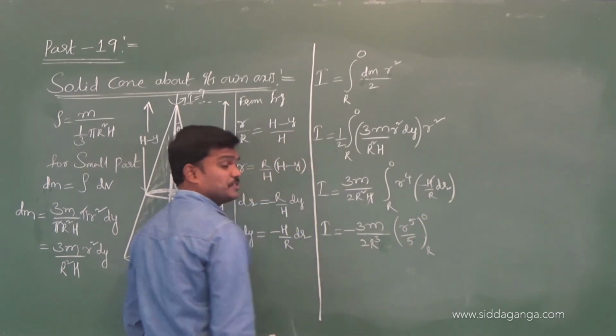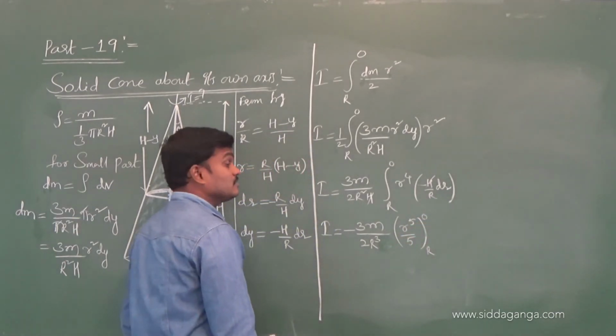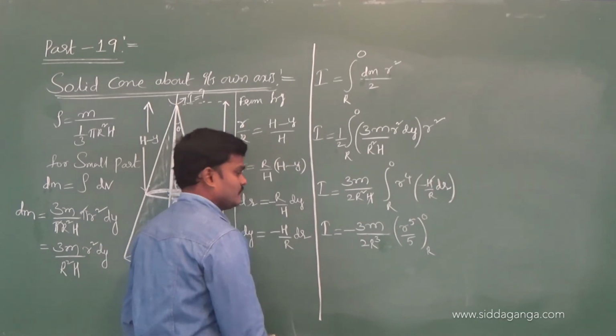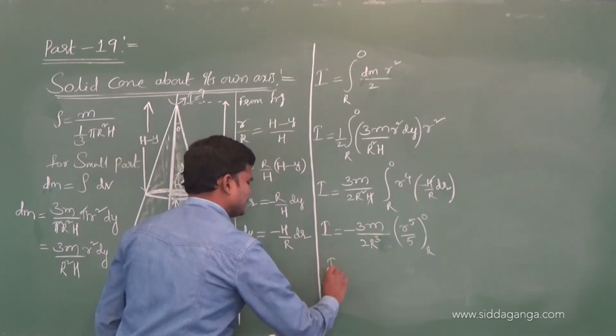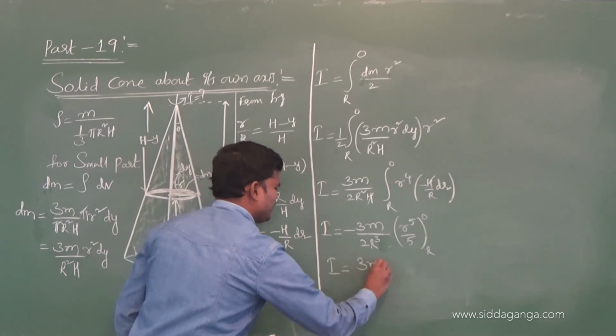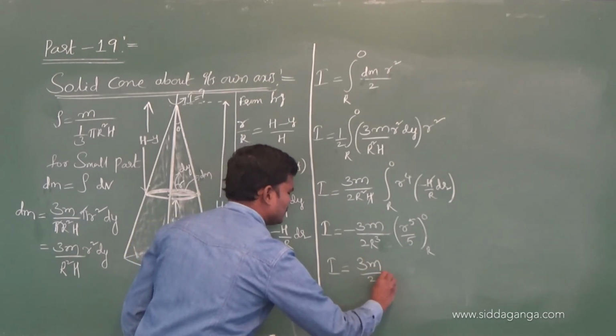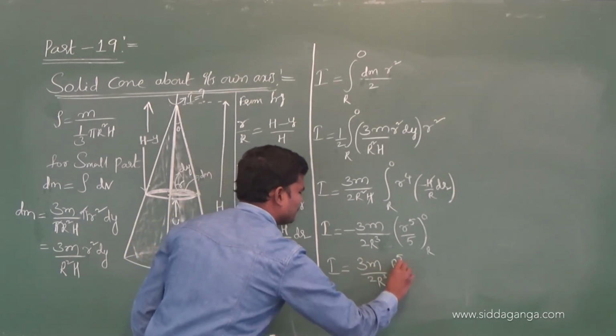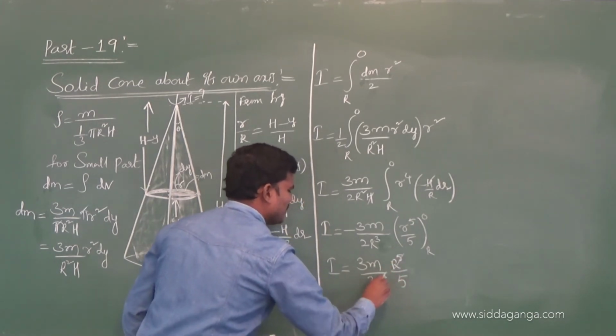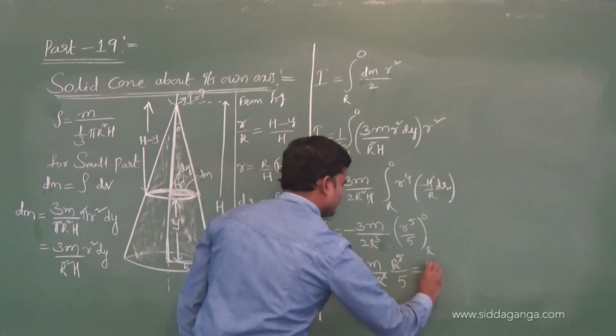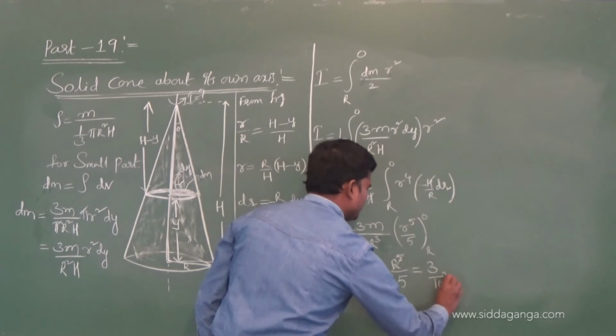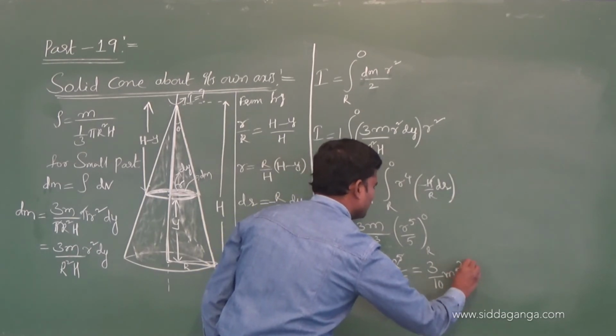Substitute the upper limit 0 minus the lower limit r power 5 by 5. So minus of minus is plus 3m, getting 3 by 10 m r square.